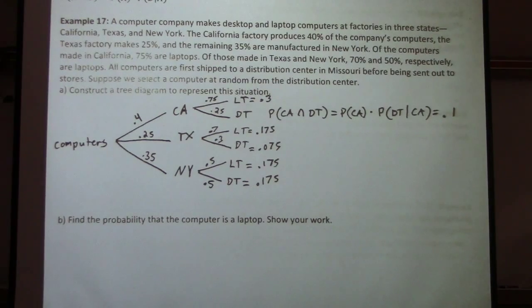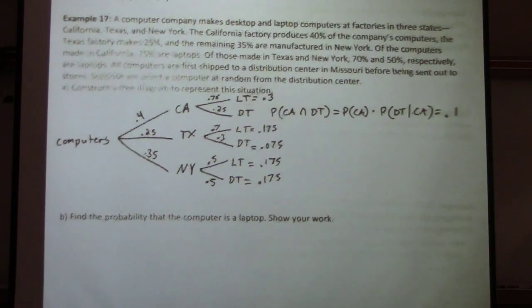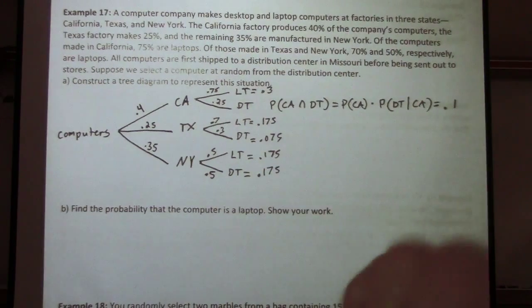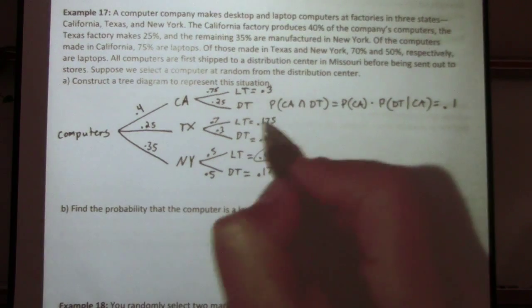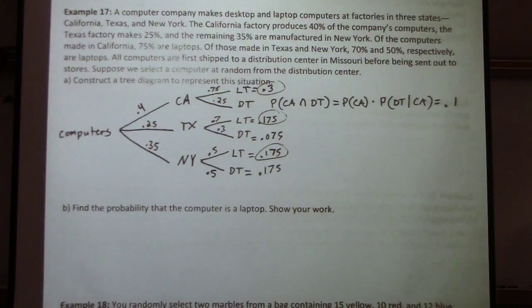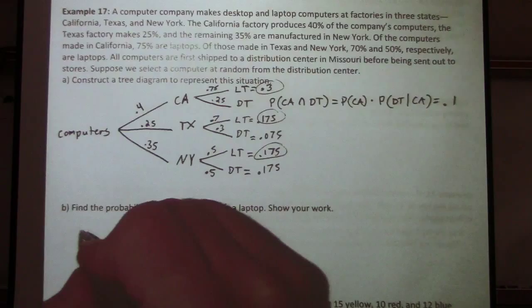All right. So let's see what the actual question is. Find the probability that the computer is a laptop. So we need to find all the laptops. That's right here, here, and here. Add up all those probabilities.